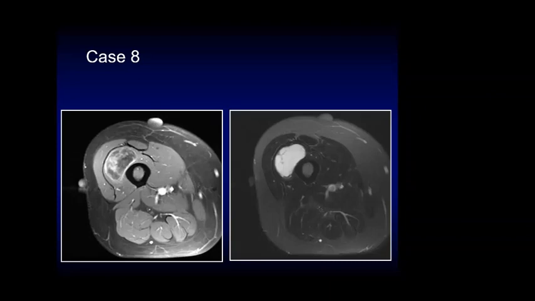صباح الخير. Okay, so before you start, the image on the right is T2 fat sat. On the left is T1 contrast enhanced, gadolinium T1 fat saturated. نعم أستاذ.